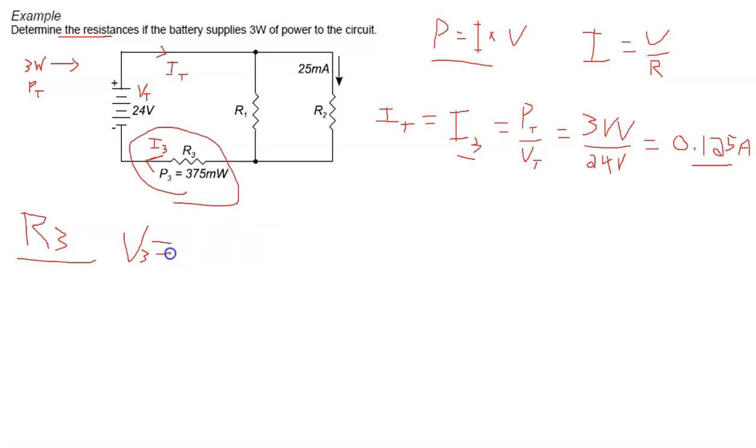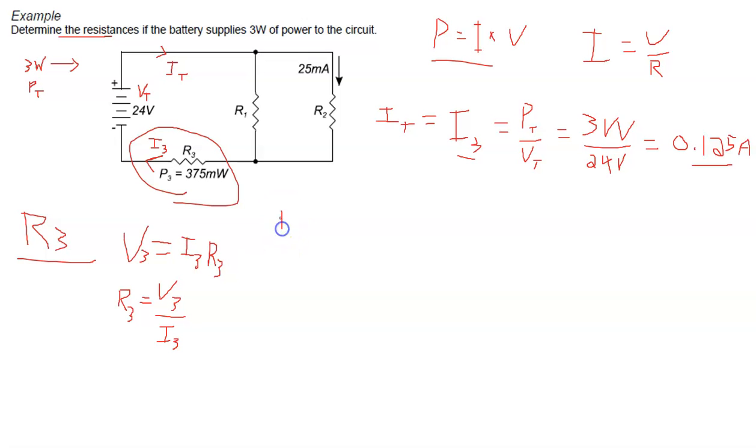Because we don't have enough information to do that. And so we'll keep Ohm's law there, because we'll solve that for R as soon as we figure out what V3 is.